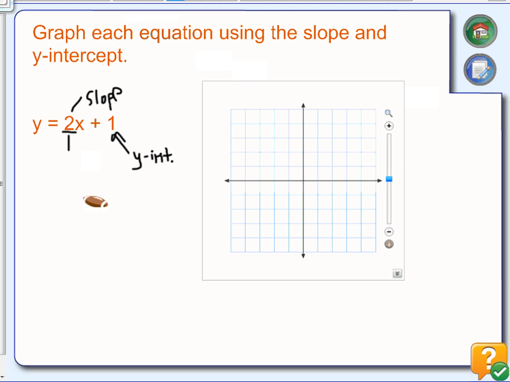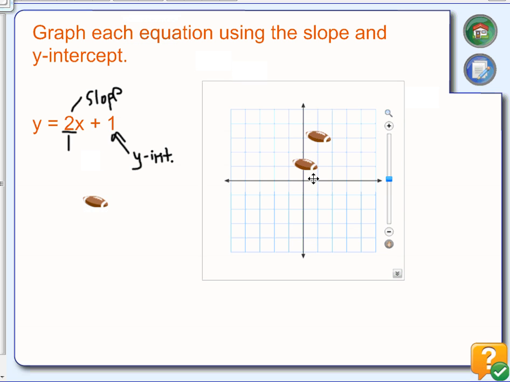Alright, so the first step we're going to do is plot my y-intercept. So I'm going to say, alright, I go to positive 1. Alright, and then from the y-intercept, I'm going to rise over run, or plot my slope. So I'm going to go up 1, 2, and run 1.